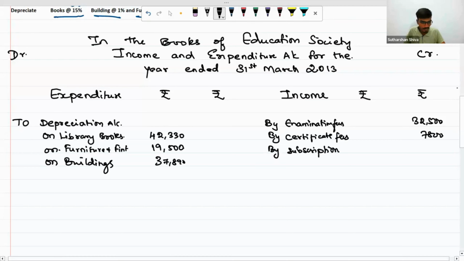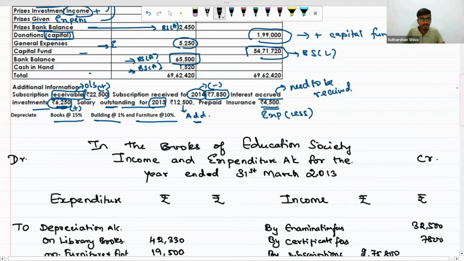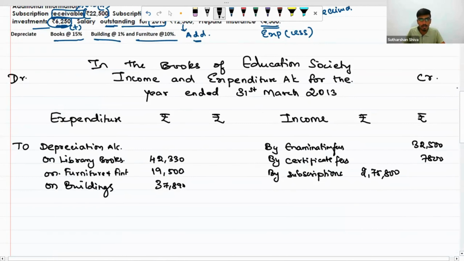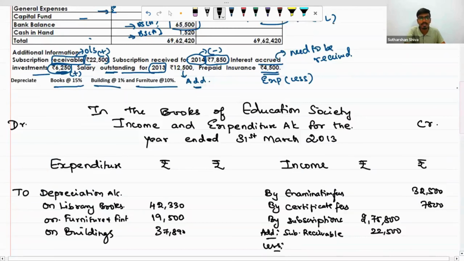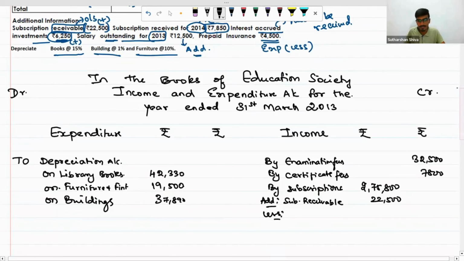Then we have subscription. In the majority of questions, we will have adjustments for subscription. 2,75,800. What are the adjustments? Subscription receivable. Add subscription receivable, that is 22,500. Less subscription received, that is 7,850.